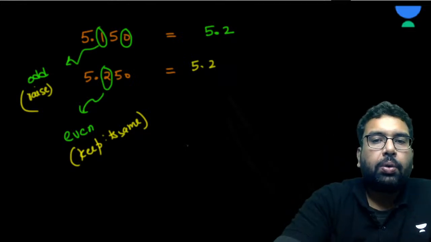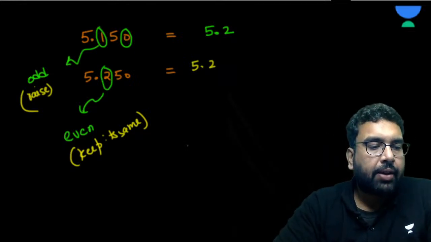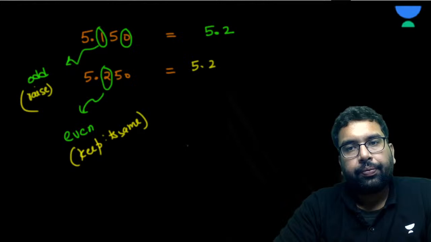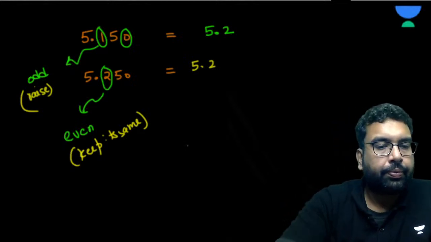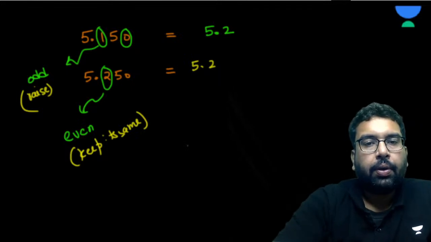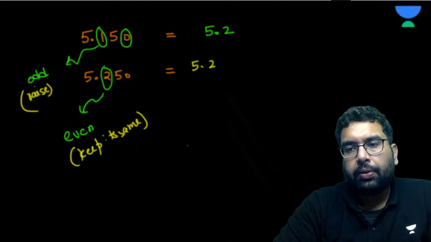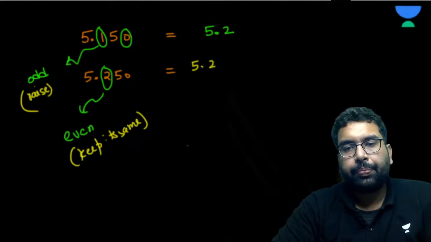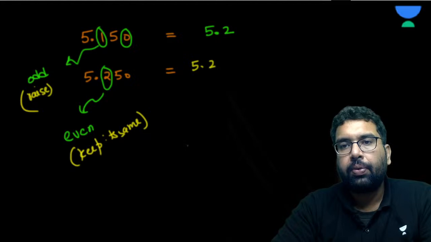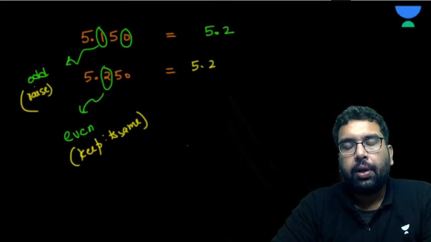Now let's talk about the rules of addition and subtraction. Got my point now? So see, it is very, very simple. Only a few things that you have to understand.